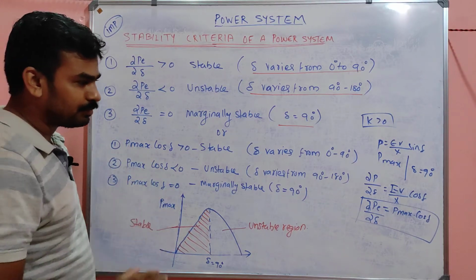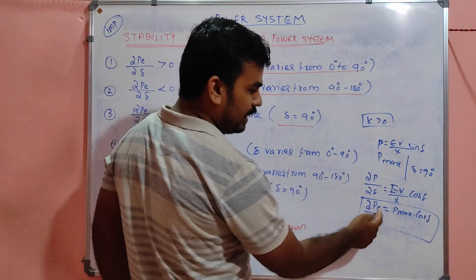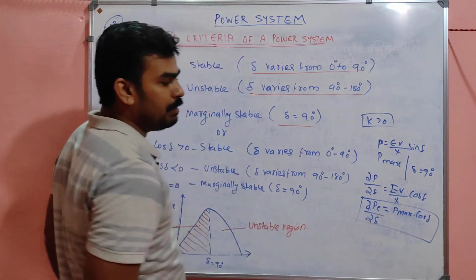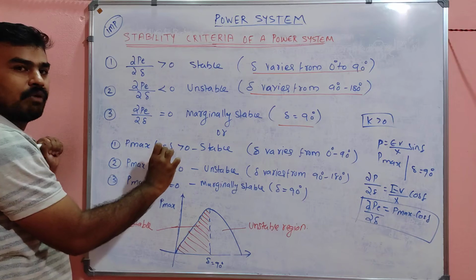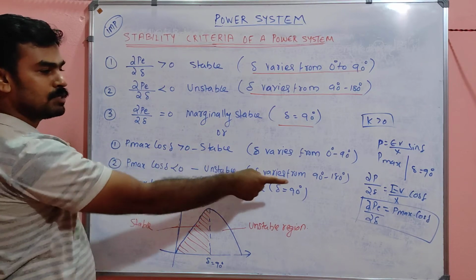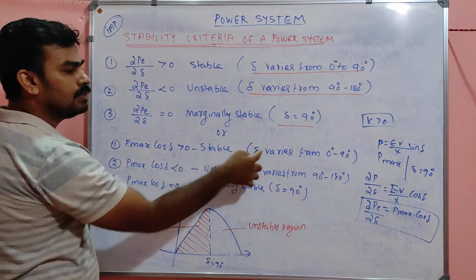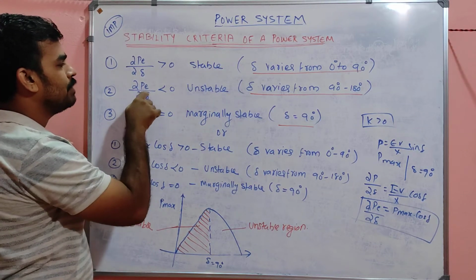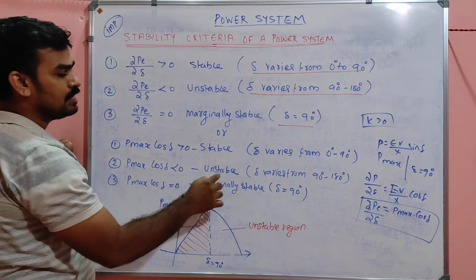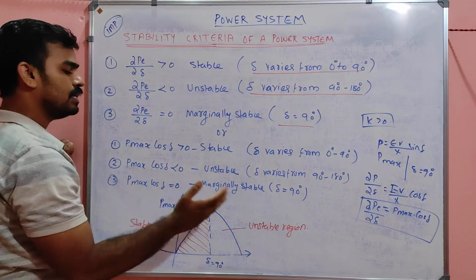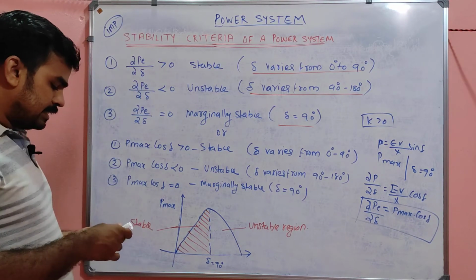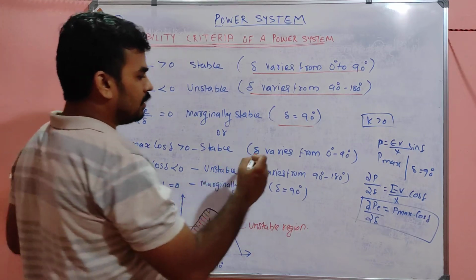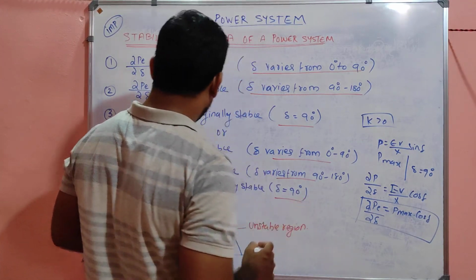Dou P by dou del is nothing but K. So K is nothing but P max into cos del. So P max into cos del greater than 0 is stable, P max into cos del less than 0 is unstable, and P max into cos del equal to 0 is marginally stable. So these two methods you have to take care of.